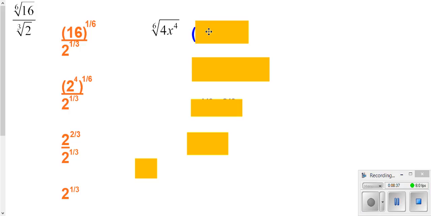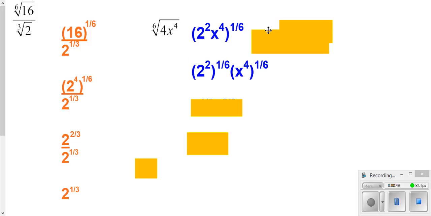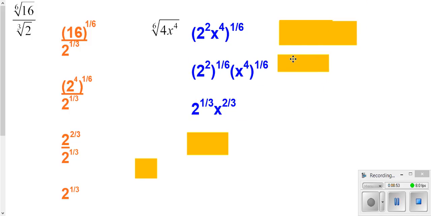So on this one here, I'm going to go ahead and write it with fractional exponents. In this case, I'm trying to simplify my 4, so I wrote it as the smallest power I could, which would be 2 to the power. And you could apply that exponent of 1/6 to each one. So then I get 2 to the 1/3 and x to the 2/3. Well, I started out with roots.